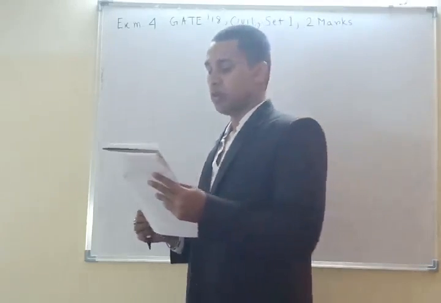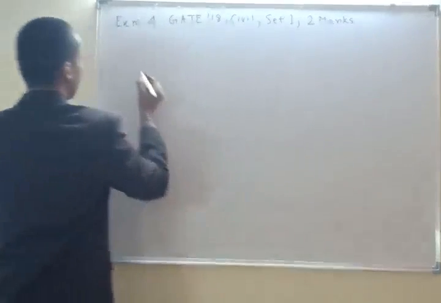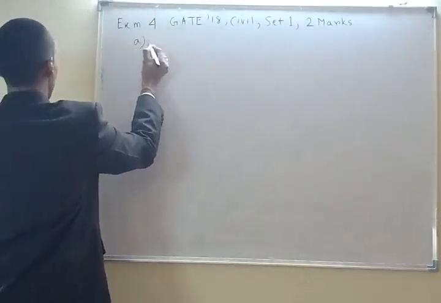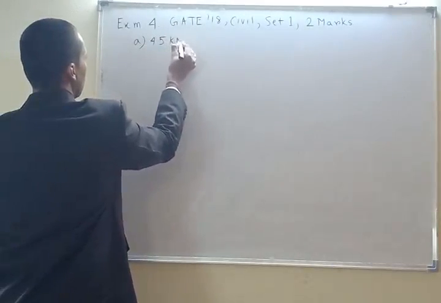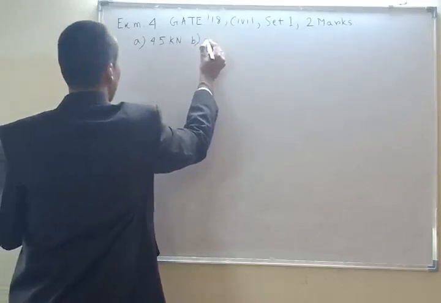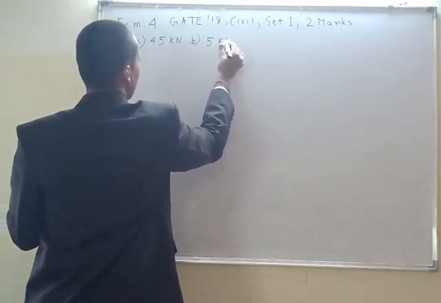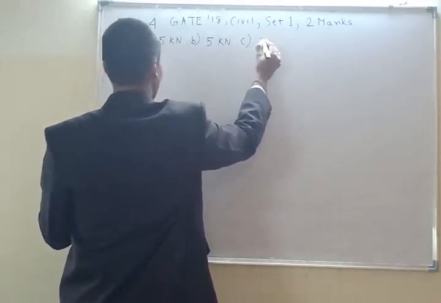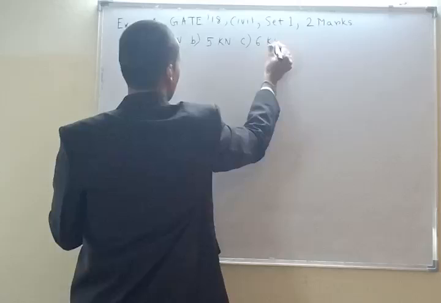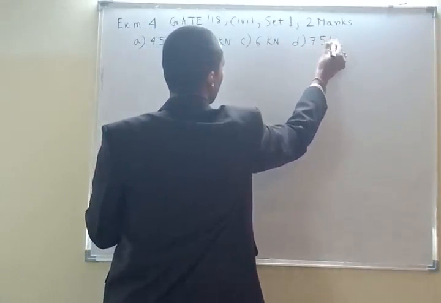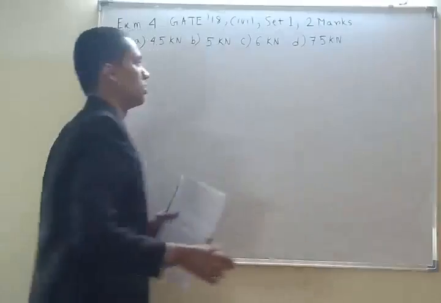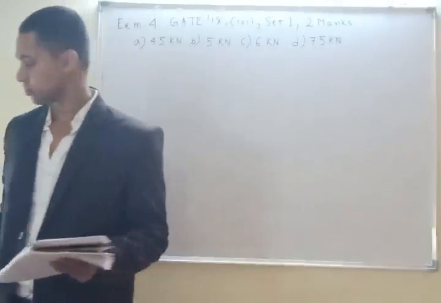The answers given are: A 4.5 kilonewton, B 5 kilonewton, C 6 kilonewton, D 7.5 kilonewton. So these are the 4 options given.